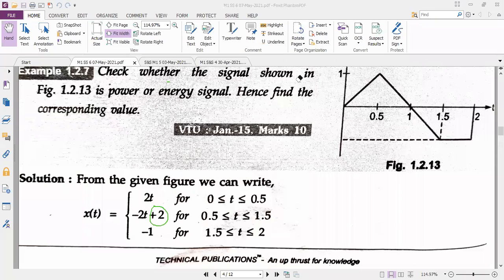So when I substitute 3 by 2 in place of t in minus 2 into t plus 2, if you solve this, you will get minus 3 plus 2, which is equal to minus 1. So exactly it is obeying the value minus 1 at 1.5.